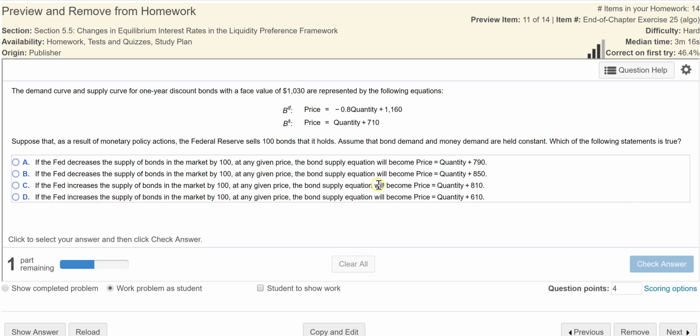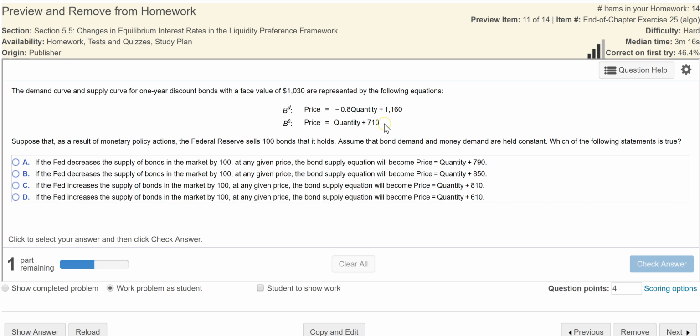So now we should go to the second part. If the Fed increases the supply by 100 bonds, should I just plus 100 here? We may be tempted to do so because that's straightforward and simple, right?